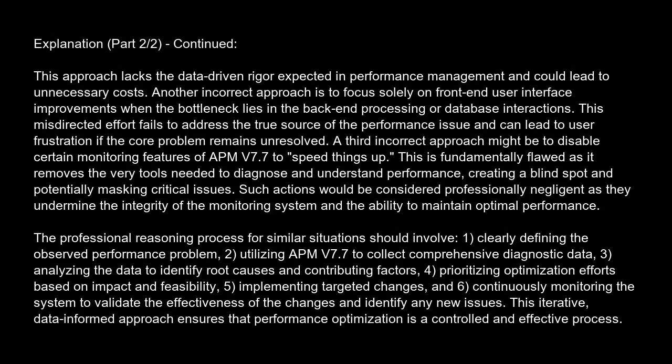Analyzing the data to identify root causes and contributing factors. 4. Prioritizing optimization efforts based on impact and feasibility. 5. Implementing targeted changes. And 6. Continuously monitoring the system to validate the effectiveness of the changes and identify any new issues. This iterative, data-informed approach ensures that performance optimization is a controlled and effective process.